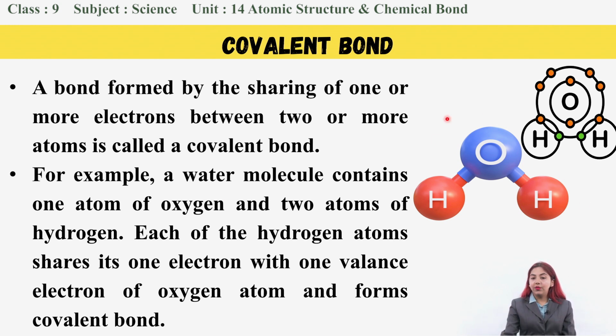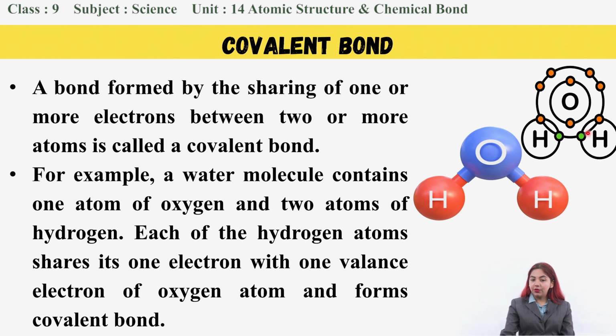For example, we just studied in the water molecule that each hydrogen atom shares one electron present in its outermost orbit with the electrons present in the outermost orbit of oxygen, in which the hydrogen reaches the duplet state and oxygen reaches the octet state. And in this way, they form a bond by sharing of electrons.